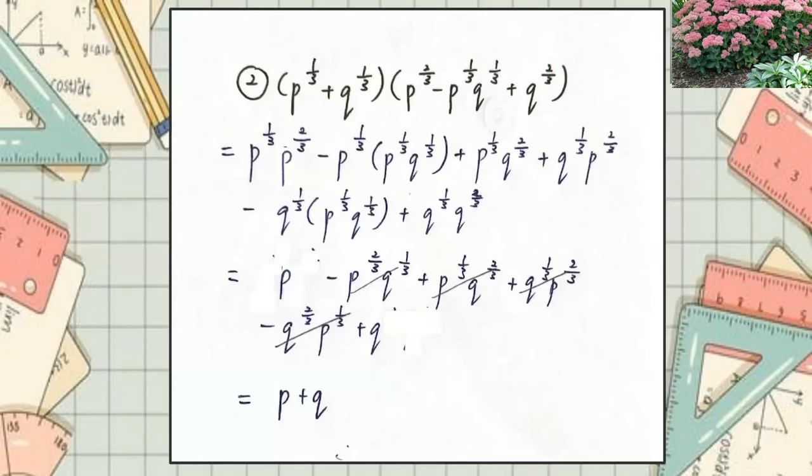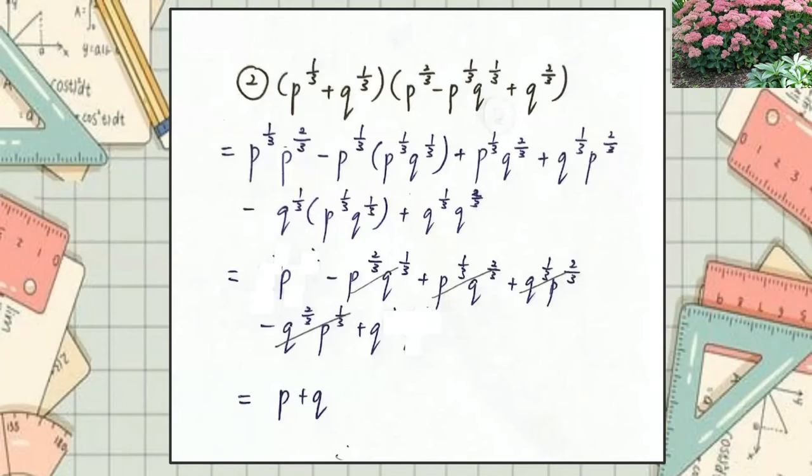Next question. The question is p power of 1 over 3 plus q power of 1 over 3 times p power of 2 over 3 minus p power of 1 over 3 q power of 1 over 3 plus q power of 2 over 3.